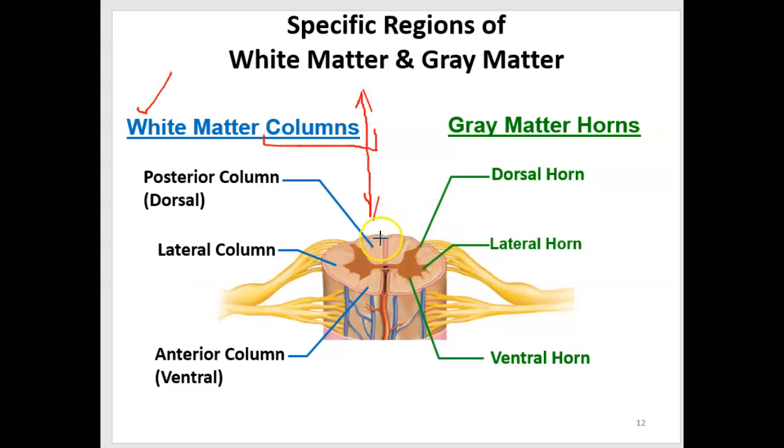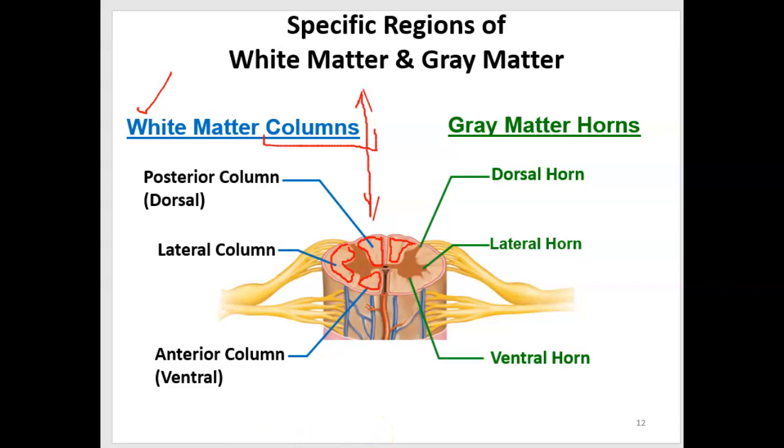So there's one set of paired columns called the posterior column, right or left. And then the lateral column is right or left. And then there's an anterior column of white matter.